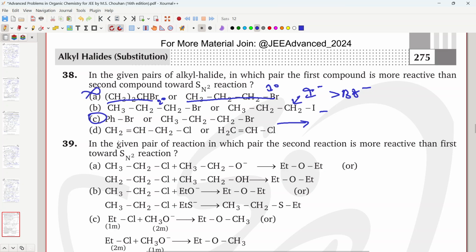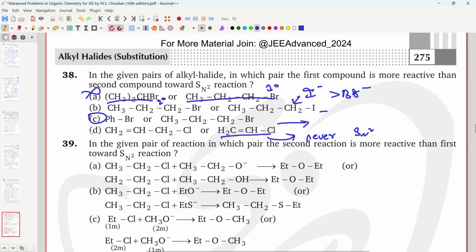Now for option D, an allylic chloride versus vinyl chloride. Vinyl halides almost never undergo SN2, while allylic chloride undergoes it readily.